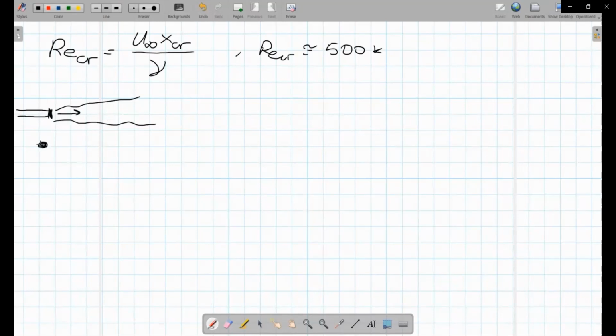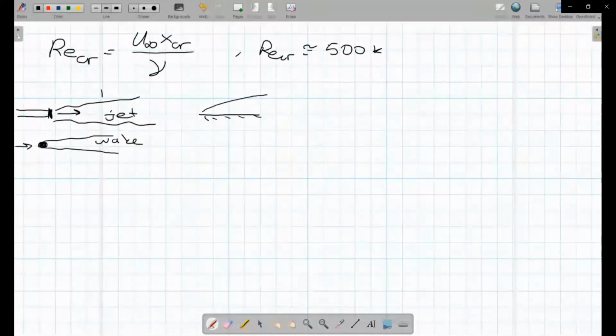Or we have a cylinder in a free stream flow, and behind the cylinder we will have a turbulent wake. So this is a jet, a wake, or, as our topic here, a turbulent boundary layer over a surface. So what do we mean by turbulence?